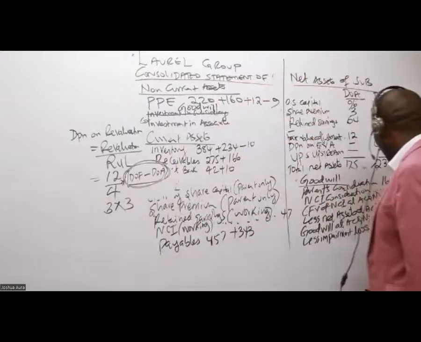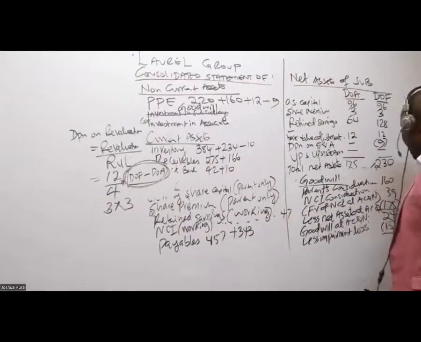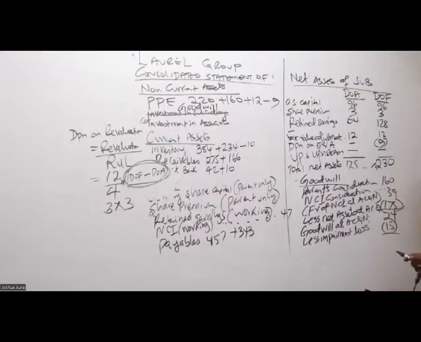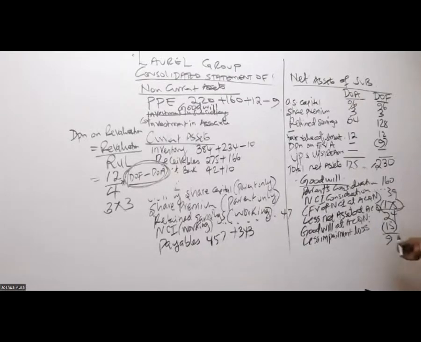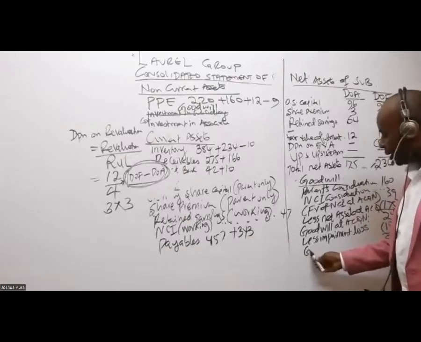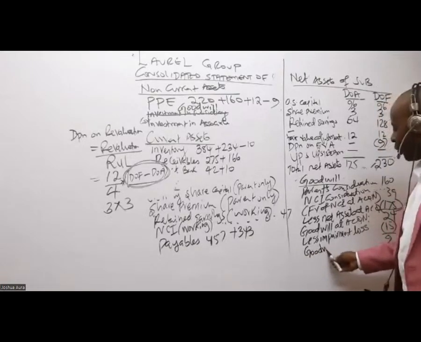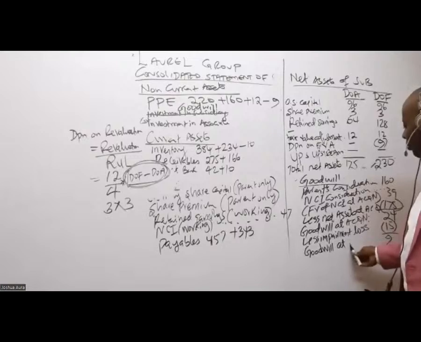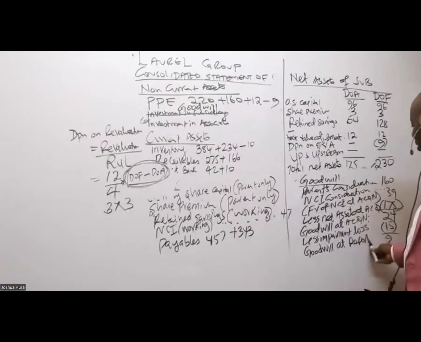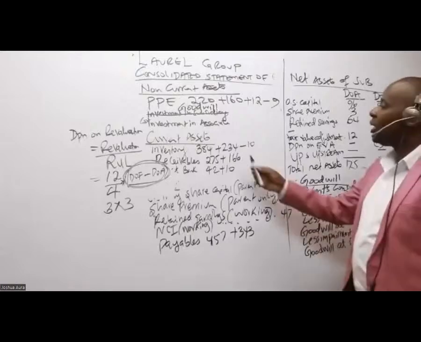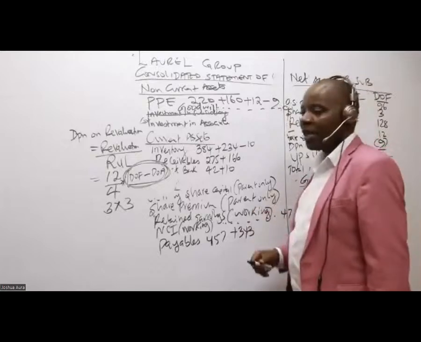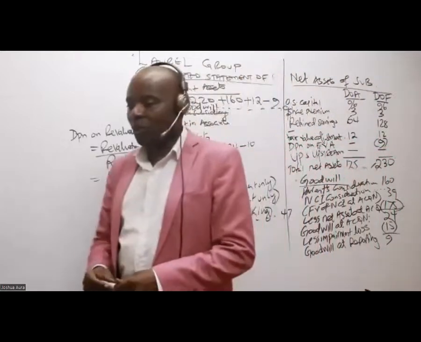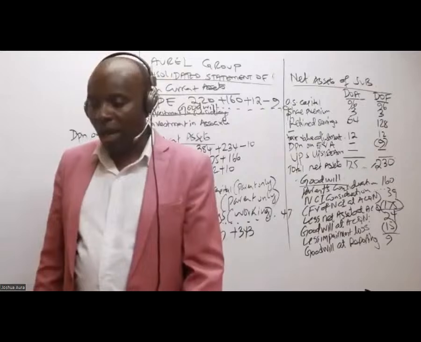So kindly subtract 24 minus 15 gives me 9. So this is the goodwill at the end of the year. We call this goodwill at reporting. At reporting, this goodwill is what you will write at the very corner there, 9.